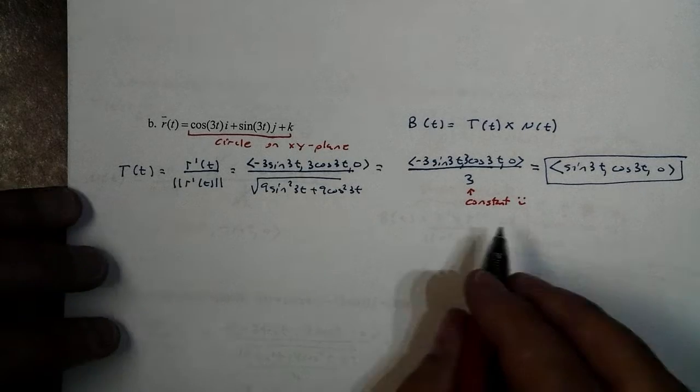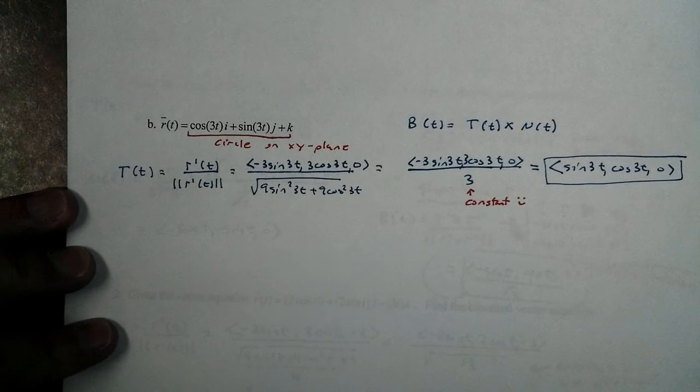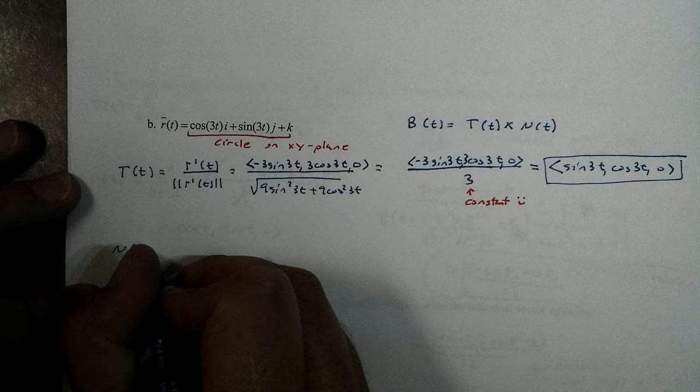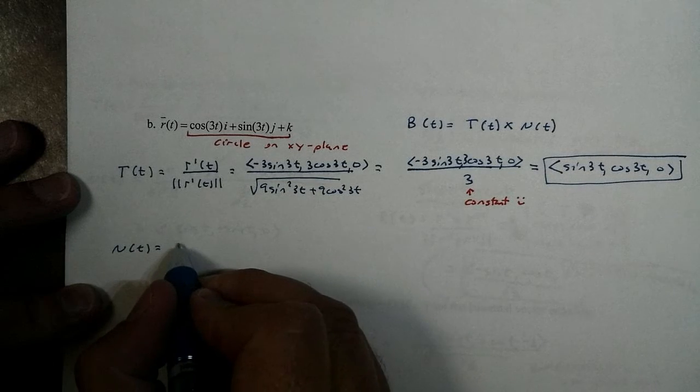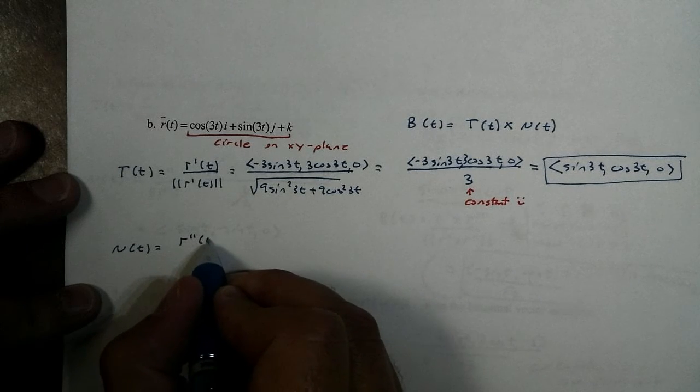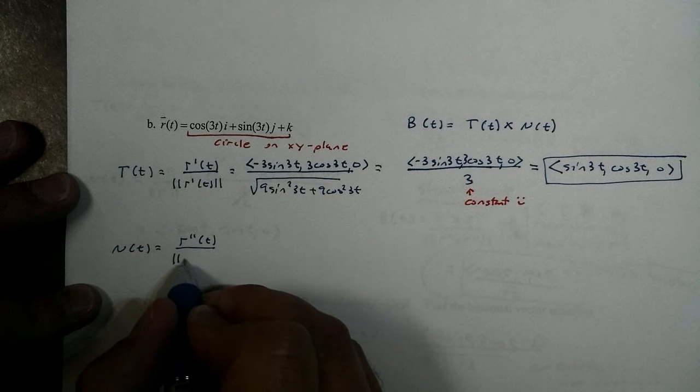And next we need to get our unit normal vector. That's n of t, and remember, that is the derivative of the unit tangent, or the second derivative r double prime of t divided by its magnitude.